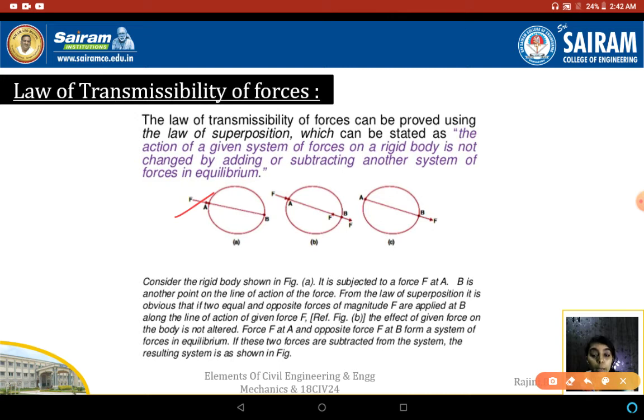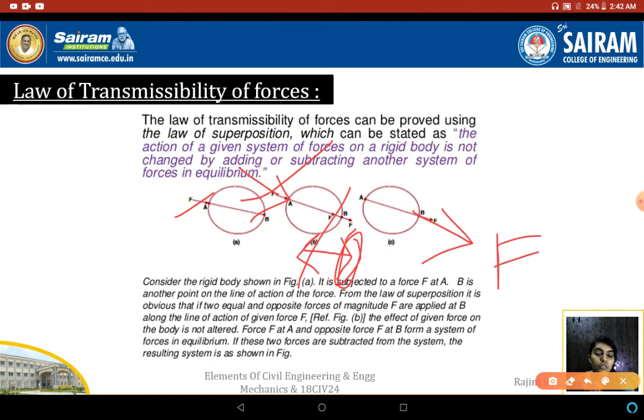To balance this, at B we are introducing two forces. This is the system of forces concept. In total there are three forces; two of them act oppositely, like a couple. The remaining force is shown here, that is the force F.